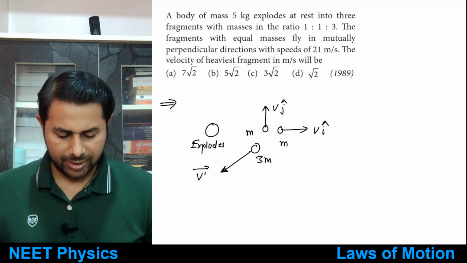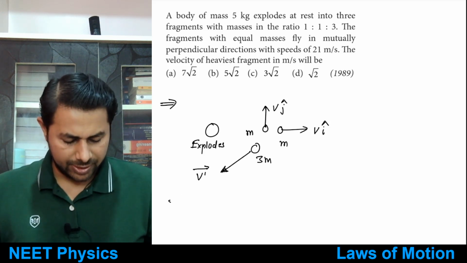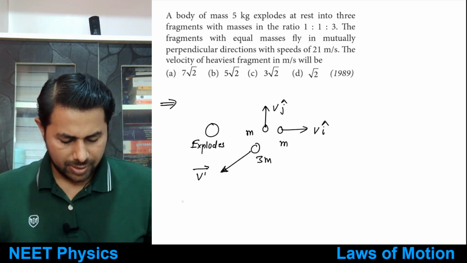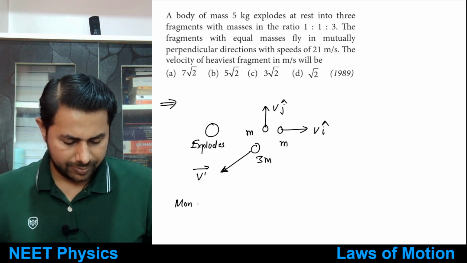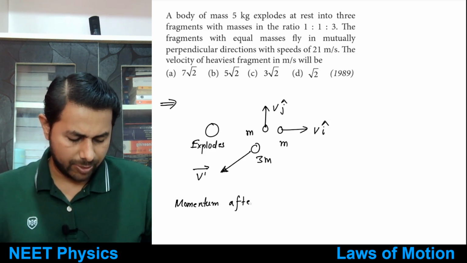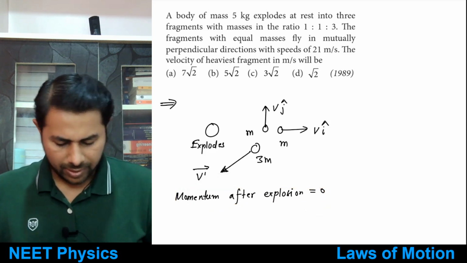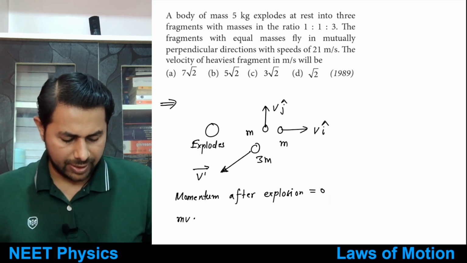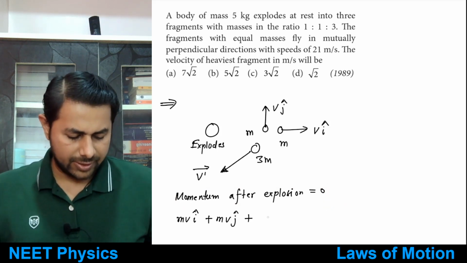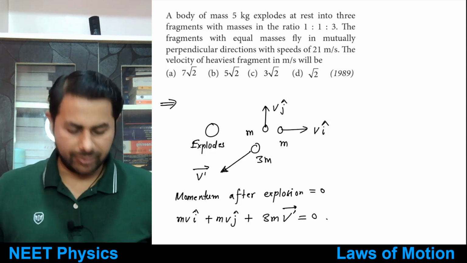So just add the momentum of all 3. Momentum after explosion is equal to 0, and therefore you have m times v i cap plus m times v j cap plus 3m times v dash bar, equal to 0.